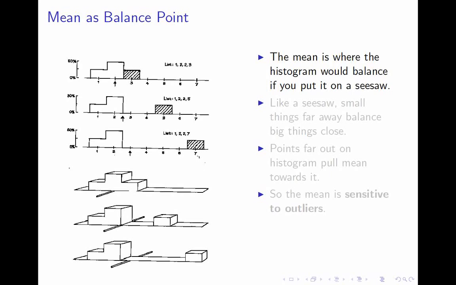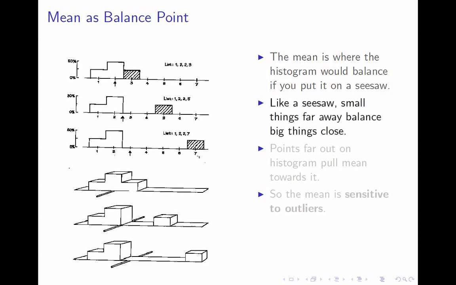Down below, you see the same thing made out of blocks. Now imagine a seesaw where each data point is a block placed at that point, and sure enough, the balance point, pretty obviously, is right at 2, which is, you can check, the average of the numbers 1, 2, 2, and 3. That's all clear.